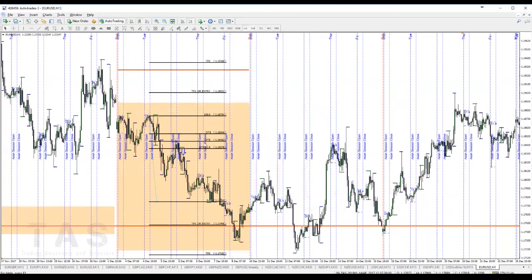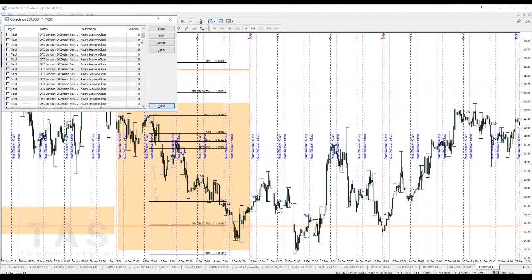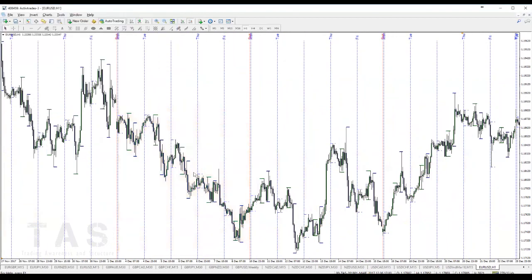Okay, let's clean this up. I think eventually the session will end. So now you have, if you're looking at moving averages, they're probably crossing here. You have a down day, an up day.